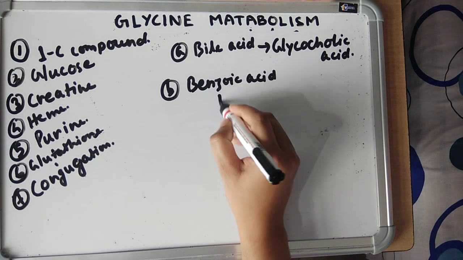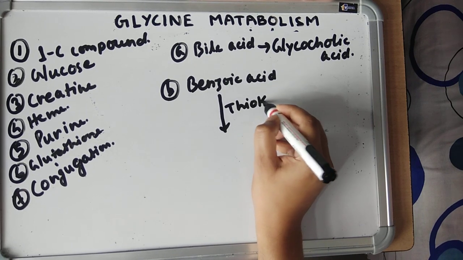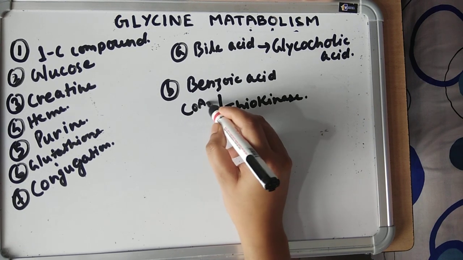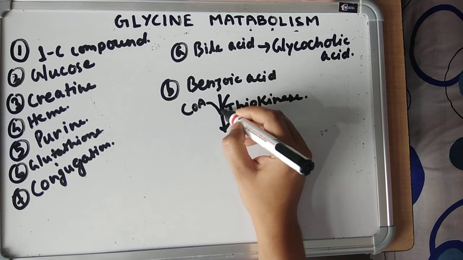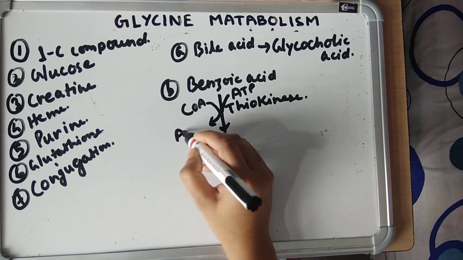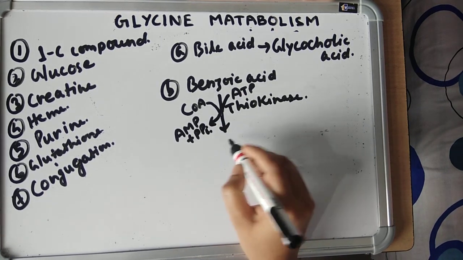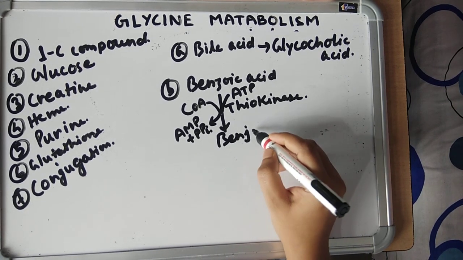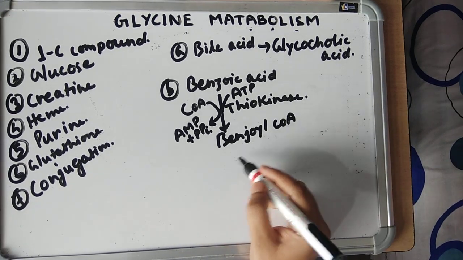So the reaction is, first thiokinase enzyme will act. Coenzyme A will join. There is also ATP, which will be converted into AMP and inorganic pyrophosphate, and benzoic acid forms benzoyl coenzyme A. So there is thioesterification.